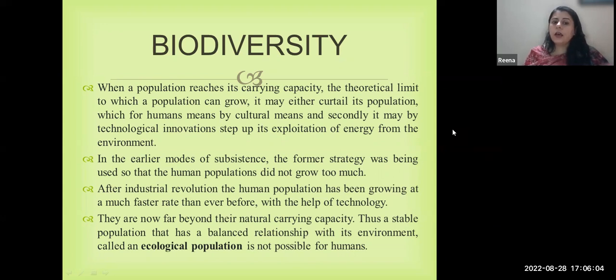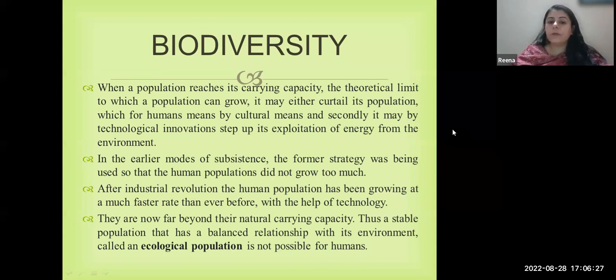After the industrial revolution, the human population has been growing at a much faster rate than ever before, with the help of technology, medical facilities, and all kinds of food products and refined facilities, through which we get a higher living standard, which we experience these days.